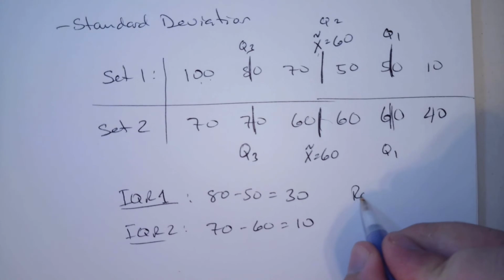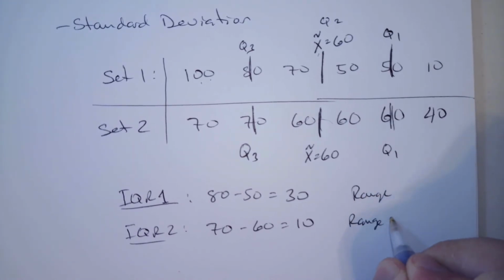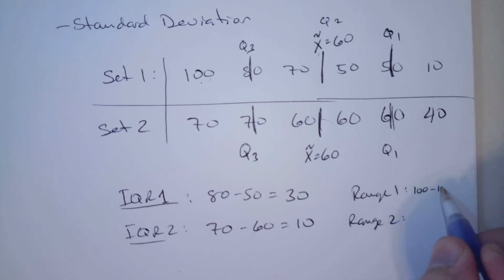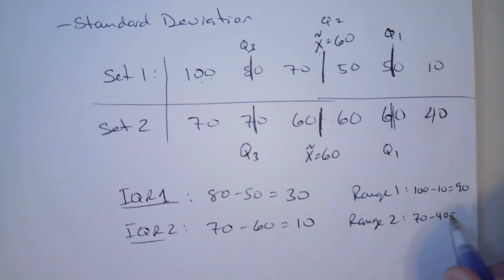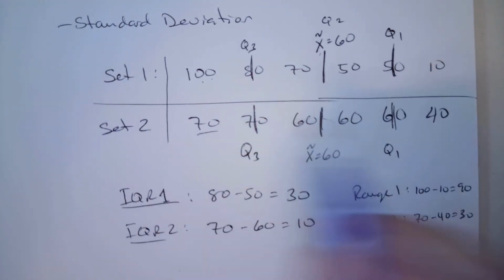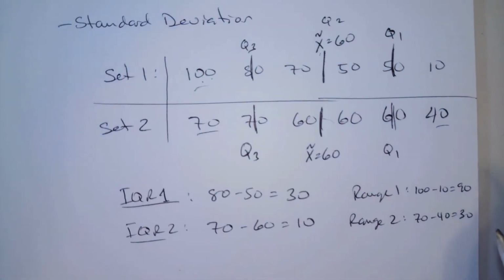The range of both of these sets: 100 minus 10, which is 90. And 70 minus 40 is 30. It's the highest minus lowest. So looking at these two sets, the IQR in the first one is 30 and the range is 90, so that's pretty widespread.